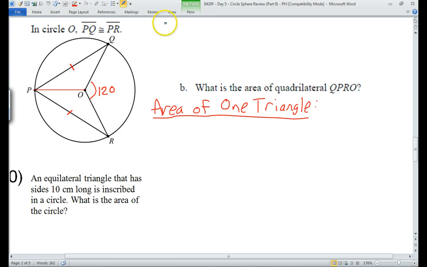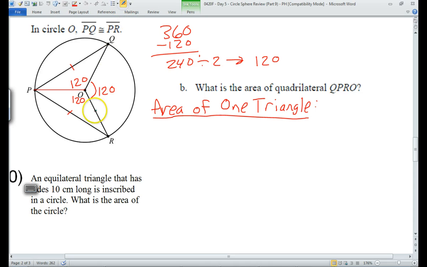So if we start with 360 degrees and subtract 120, that leaves 240 degrees to be shared equally between these two sides of the circle. And of course, 240 divided by 2 gives you 120. So we can quickly deduce that these angles are 120 degrees.